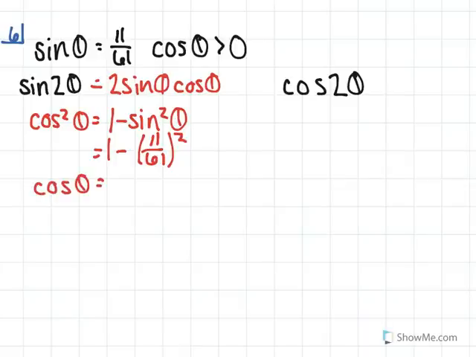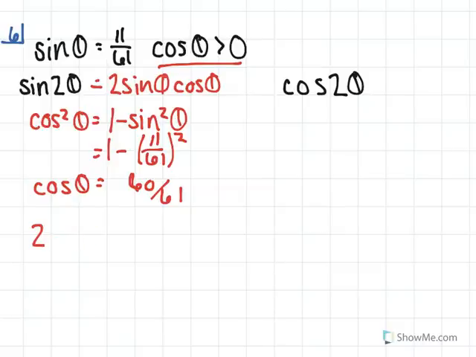If you go through and do the math for that, you end up with cosine of theta equals positive or negative 60 over 61. However, we're told up here that cosine is greater than 0, so we know that it's just positive 60 over 61. We can now plug that in and figure out what sine of 2 theta is.